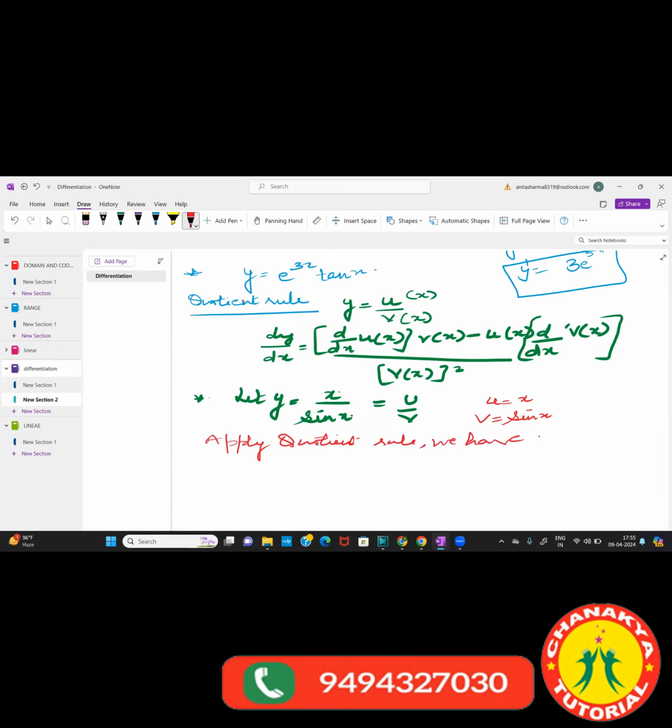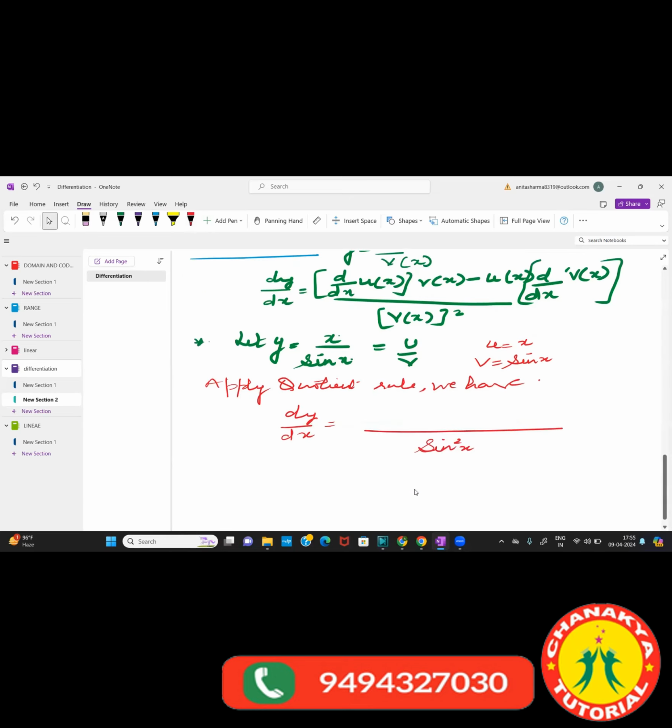First of all, dy by dx will be, now we have to square the denominator term, so it will be sin square x, right, Jaswant? Yes, ma'am. Now, your denominator part sin x will be as it is, and write the differentiation of x, minus x as it is, now differentiation of sin x.